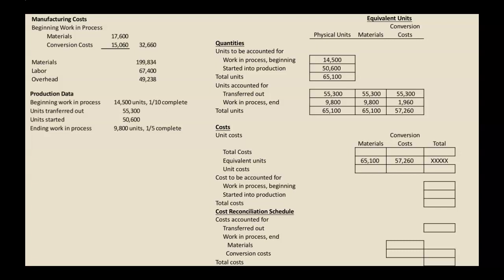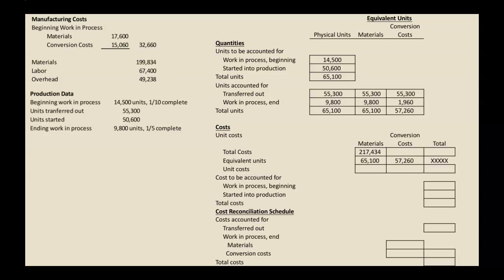So now that we have those, we can just focus on the total cost row above it. So for materials, you started off with 17,600 in your beginning work in process for materials, and then you incurred another $199,000. So your total cost for materials are those two added together, and you get your $217,000. Now for conversion costs, your beginning work in process for conversion costs had 15,060.